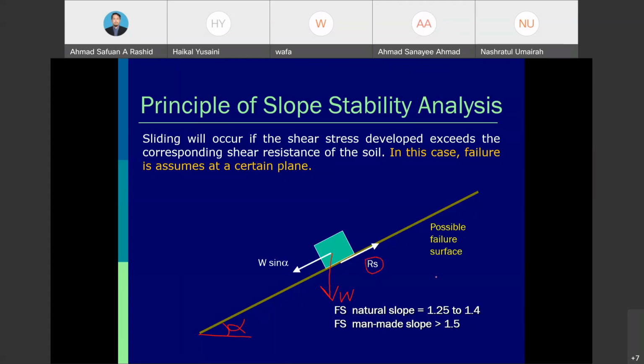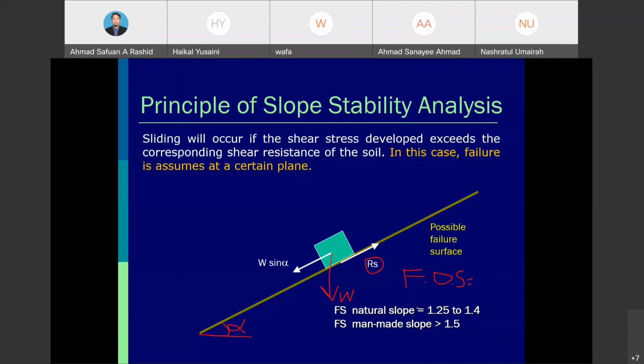The ratio between the shear resistance and the shear stress is called the factor of safety. The factor of safety doesn't have any units, it is dimensionless, because we divide stress with stress, or in some cases we use the moment concept, so we divide moment with moment.